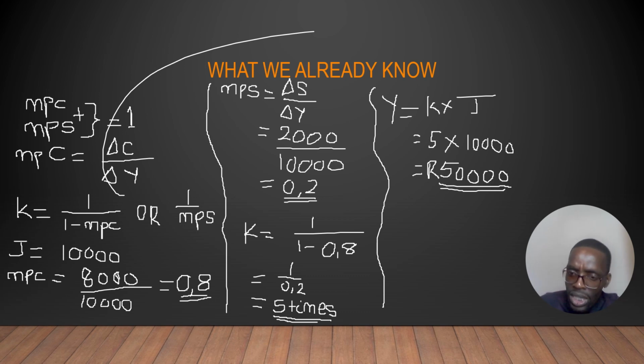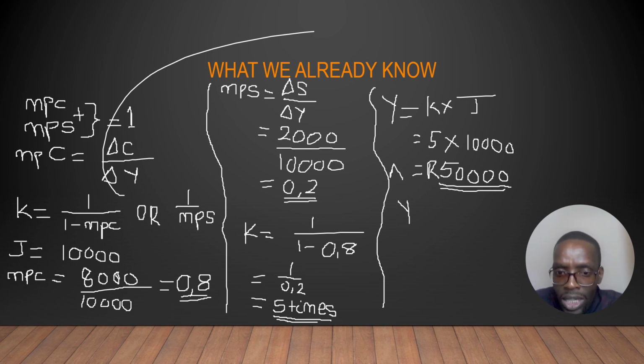We inject 10,000, and it increases our national income by 50,000. Sometimes you can also be asked to calculate the new size of our national income. Our national income has increased. This is a change in the national income.